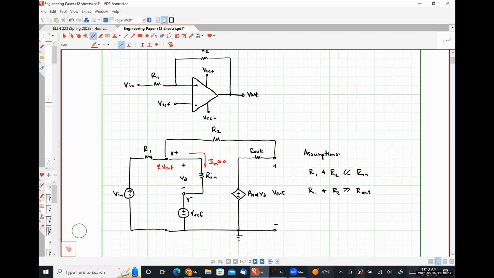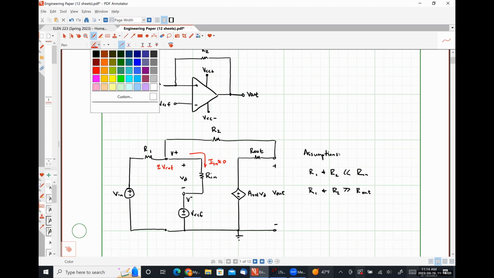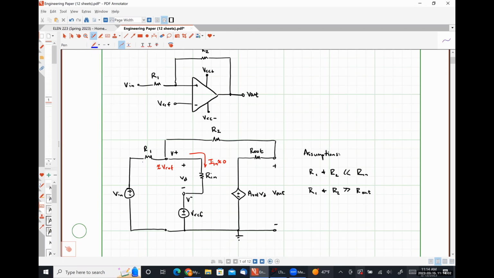Okay. So we're going to add this current plus this current together and set them equal to zero. And then we're going to do a little bit of algebra. You guys have a question? Two squiggly equal signs, approximately. No, not a percent sign, just approximately VREF.